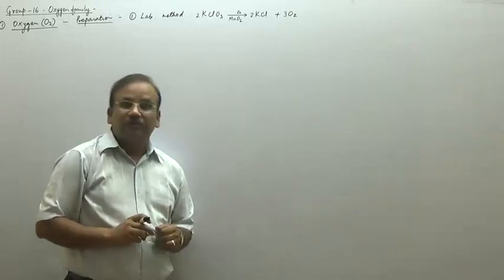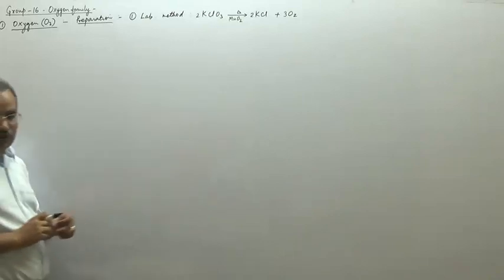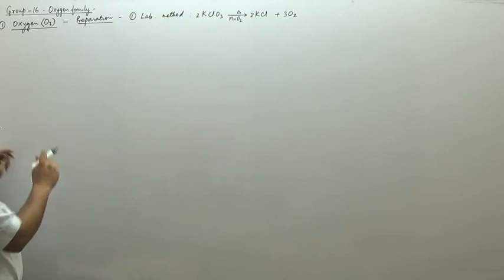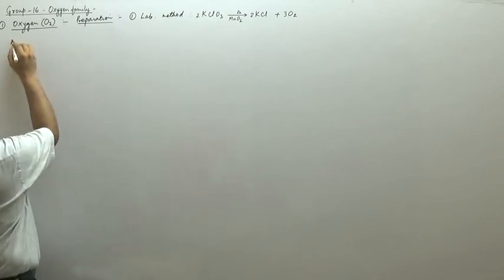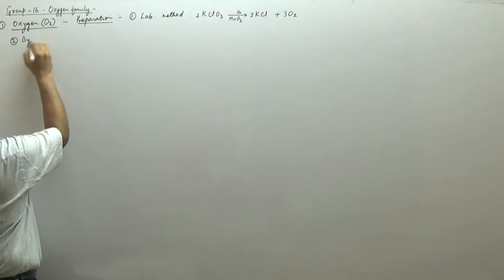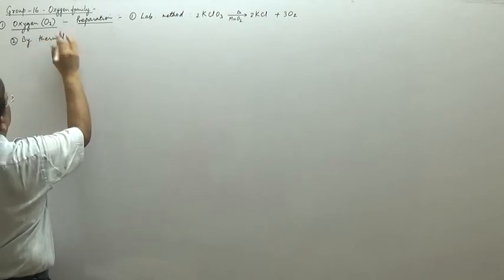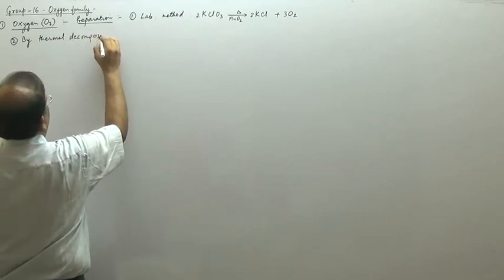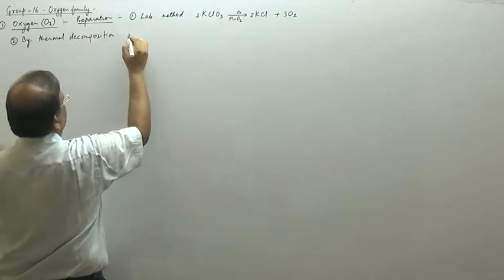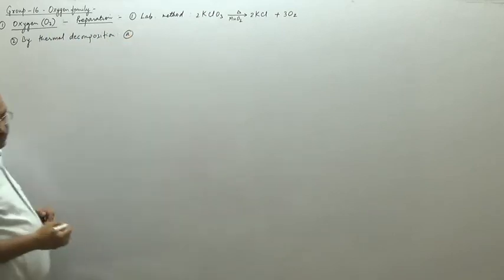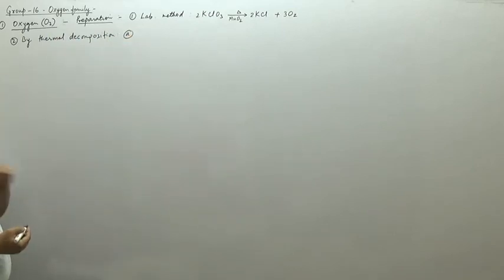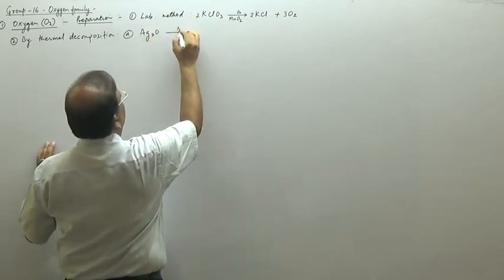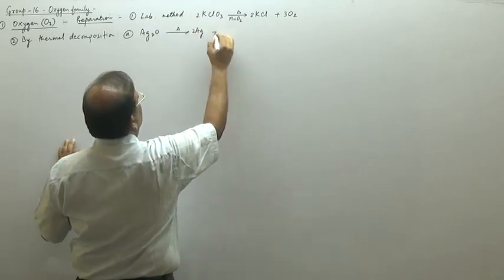Now we can write the preparation of oxygen by thermal decomposition of certain compounds or oxides. By thermal decomposition of silver oxide, it gets converted into silver plus oxygen.